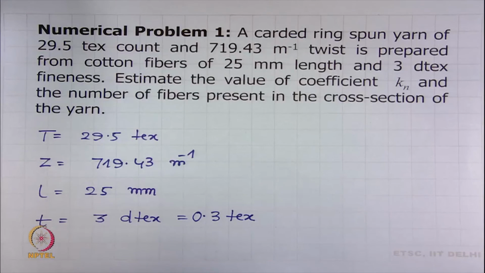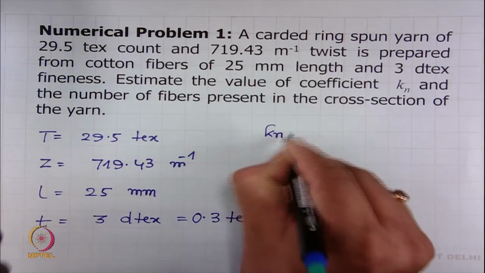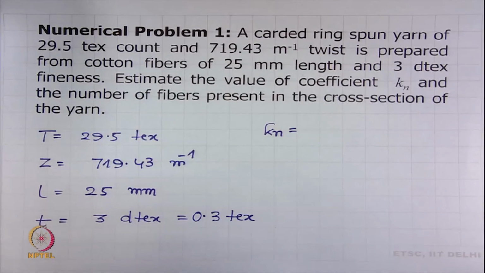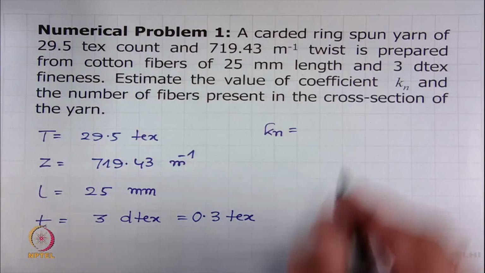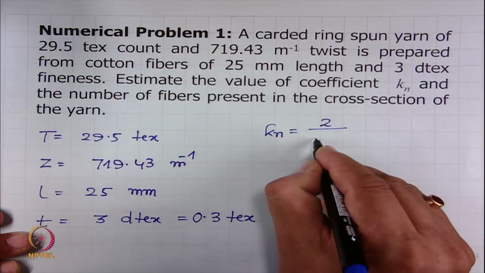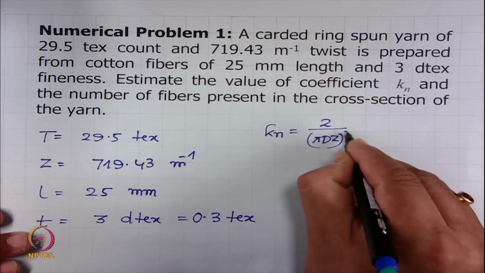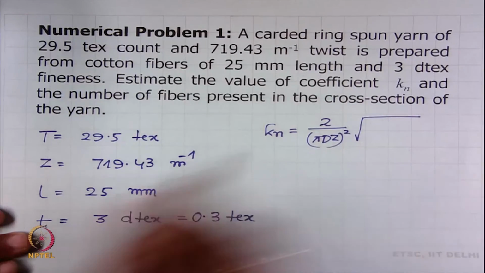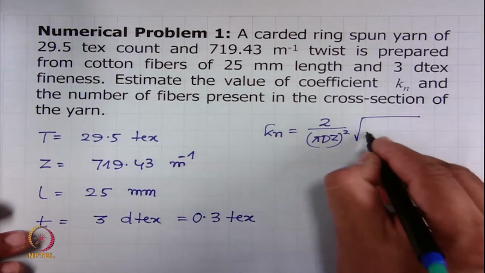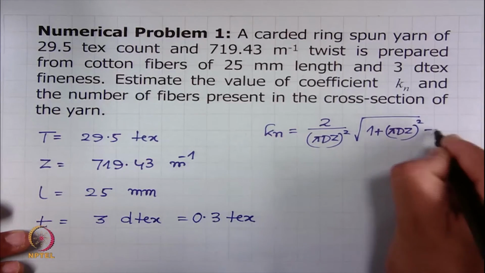Now, what is coefficient Kn? Coefficient Kn we have learned using the helical model. The coefficient Kn is 2 by pi dz square root 1 plus pi dz square minus 1.